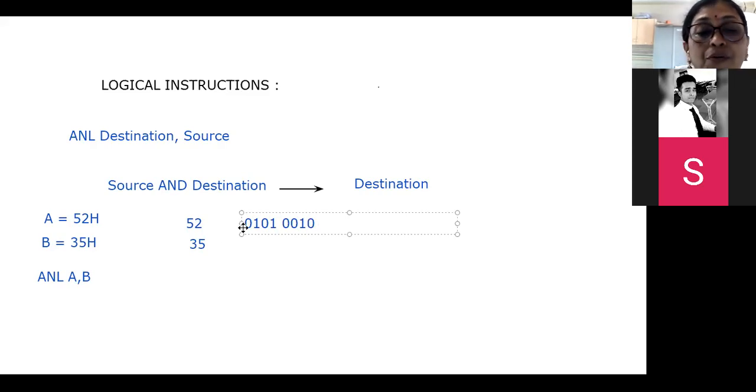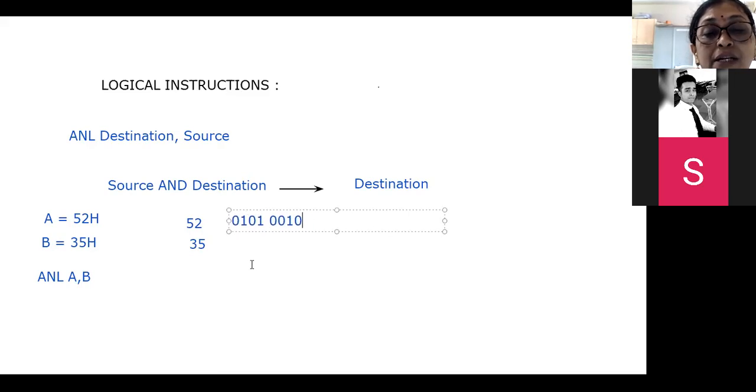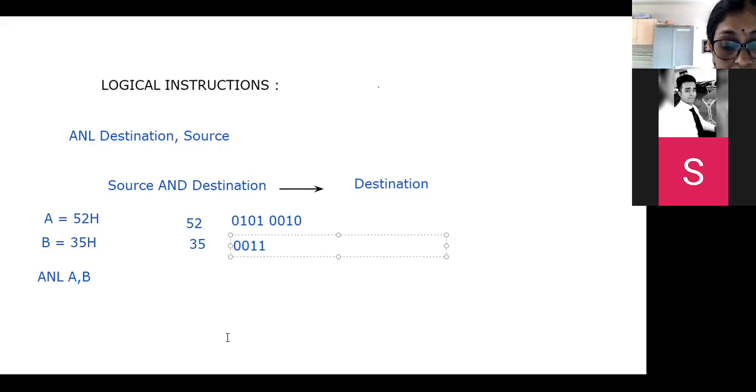So all of you revise binary numbers. It is very, very essential, otherwise you will not be able to perform examples on this. What is the binary equivalent of 3? It will be 0011. And the binary equivalent of 5 is again 0101.